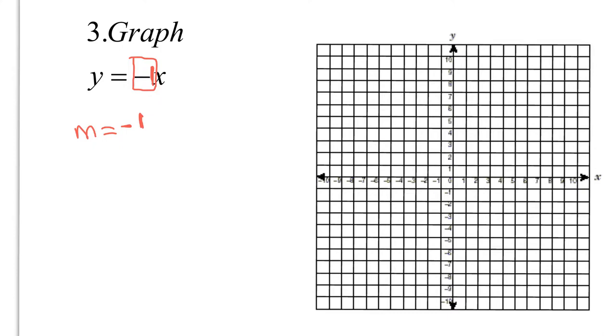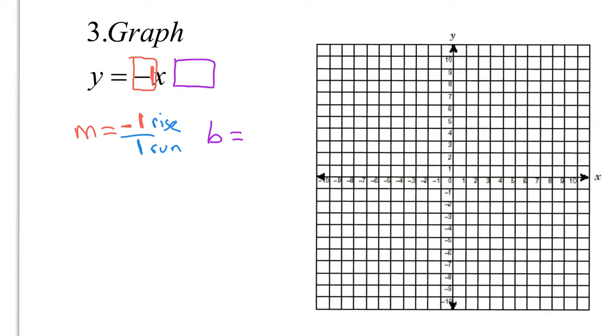Now, it has to be a fraction because I need the rise and I need the run. So that negative 1, to make it a fraction, just put a 1 under. And that's going to be your rise on the top and your run on the bottom. Any whole number that you have to make a fraction, you just put a 1 under the number. Now for my y-intercept, notice that after the x is nothing.